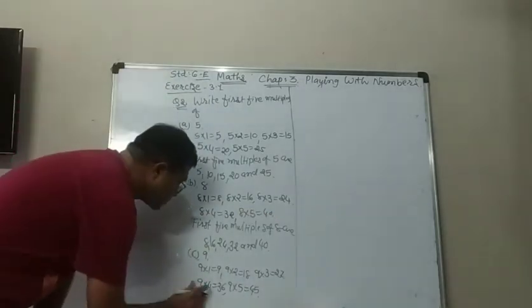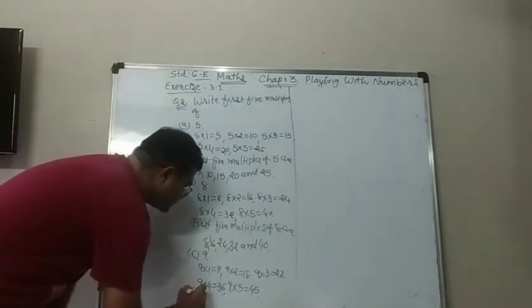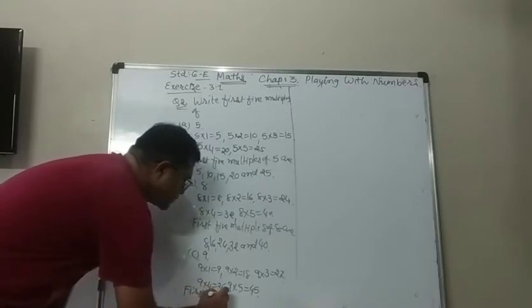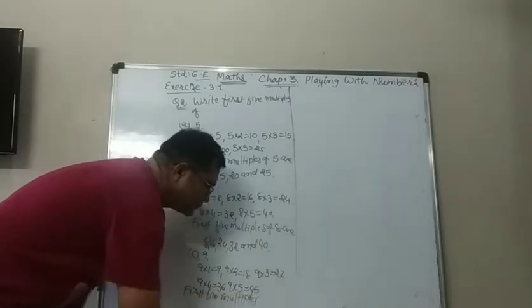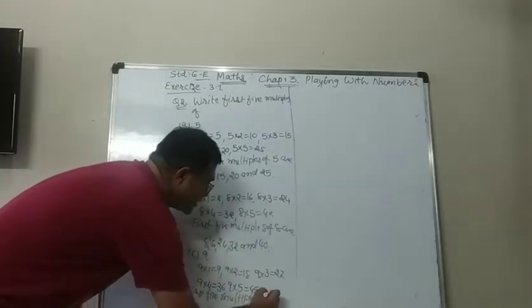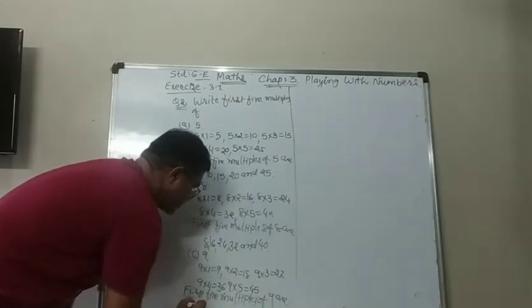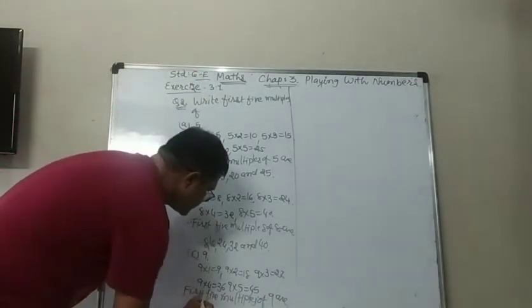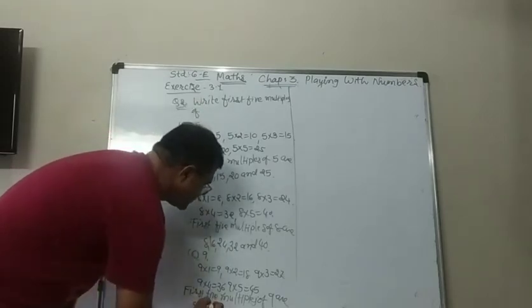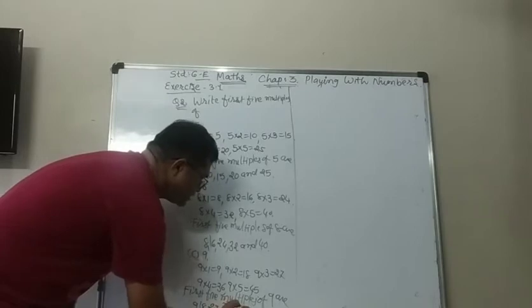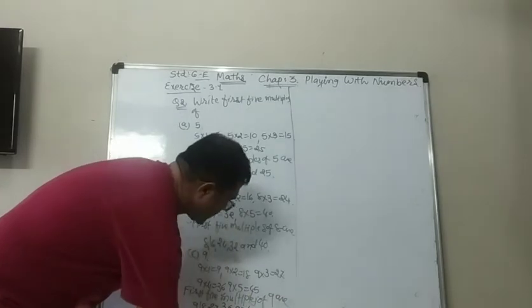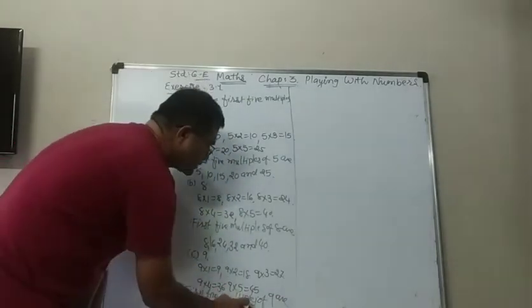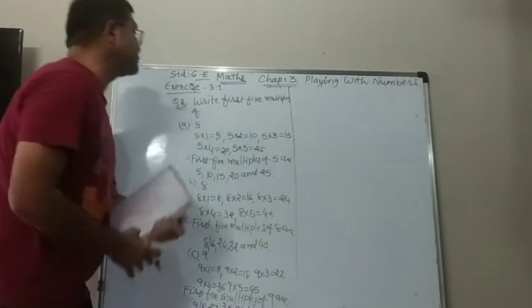Therefore, first 5 multiples of 9 are 9, 18, 27, 36 and 45. Those are the first 5 multiples of 9.